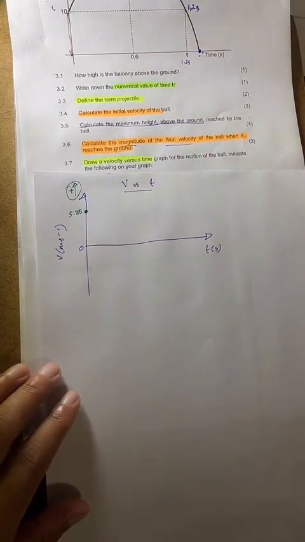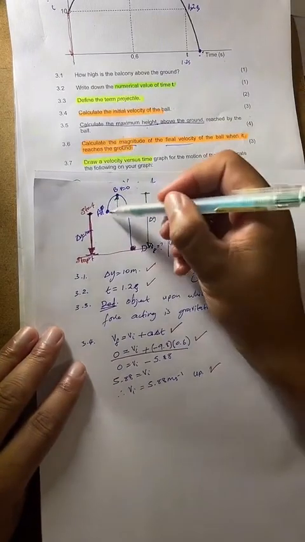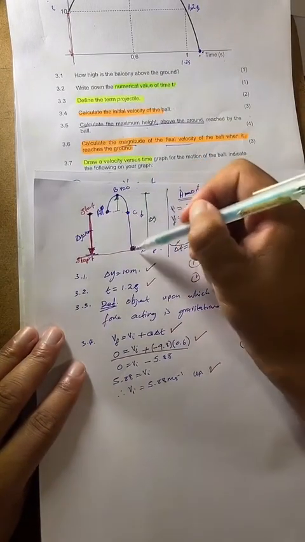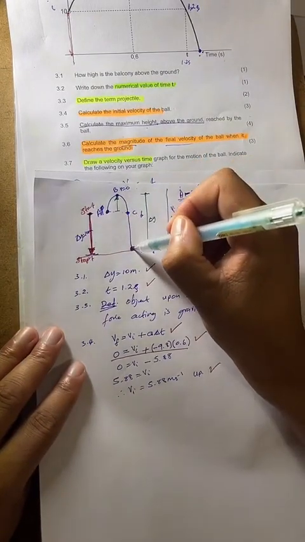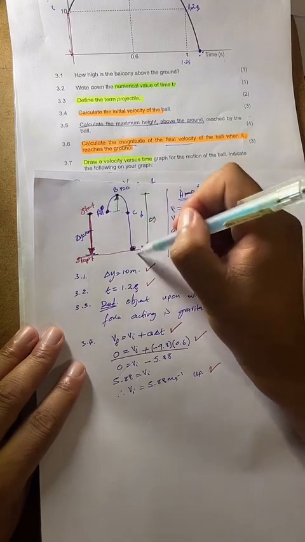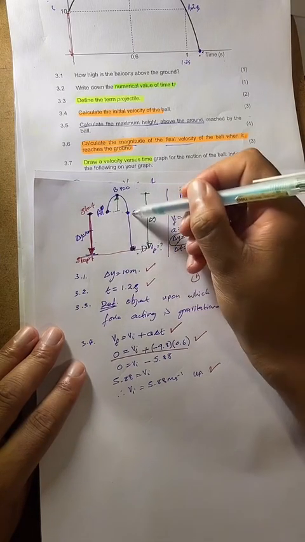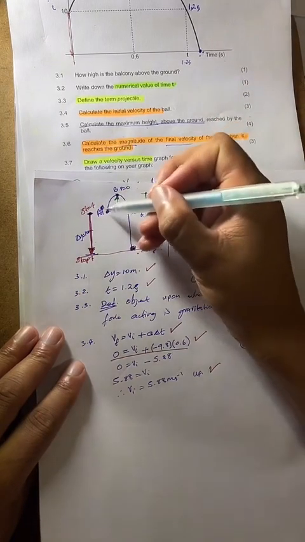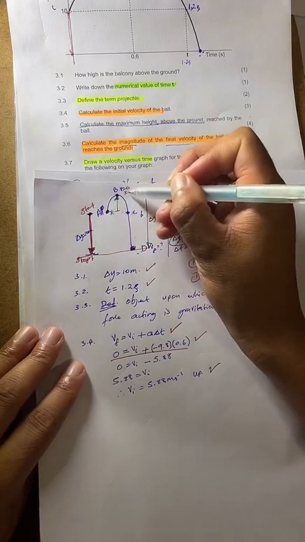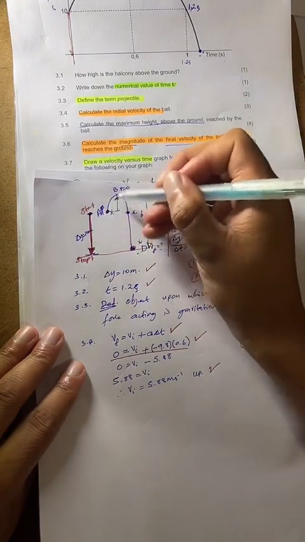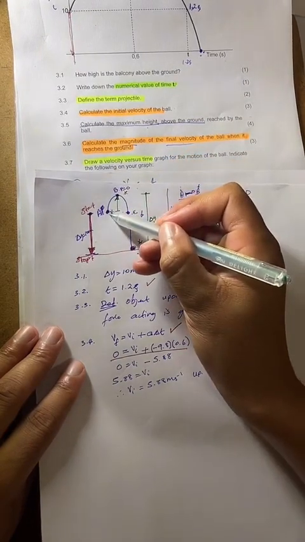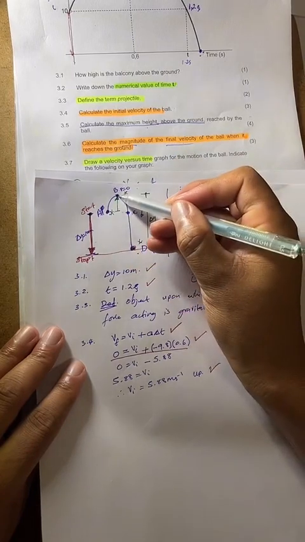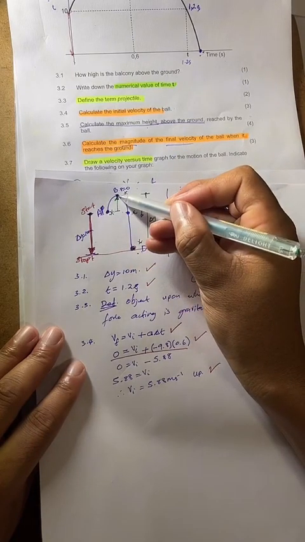Now, the points that are important when you draw the graph of the motion are the point there, the point there, the point there. 1, 2, 3. Those are the important points. You can consider point C if you like, but it's not that important. Point A, point B, point C. The coordinates: when the time is 0, initial velocity is 5.88. When the time is 0.6, velocity is 0.